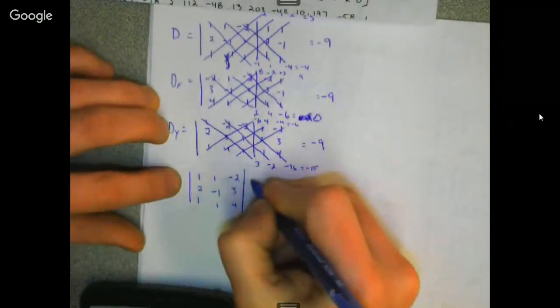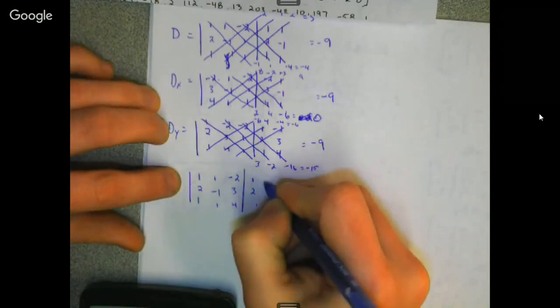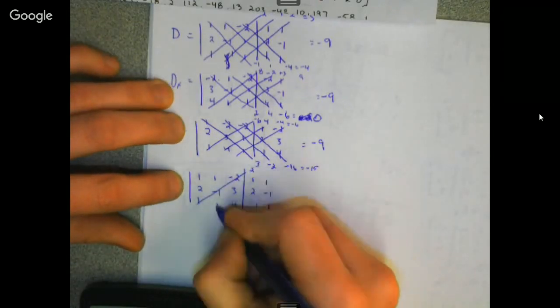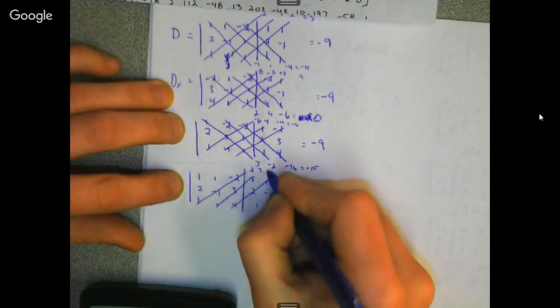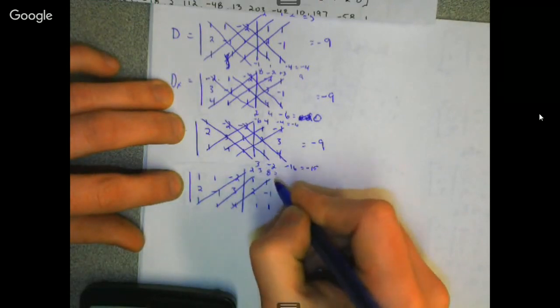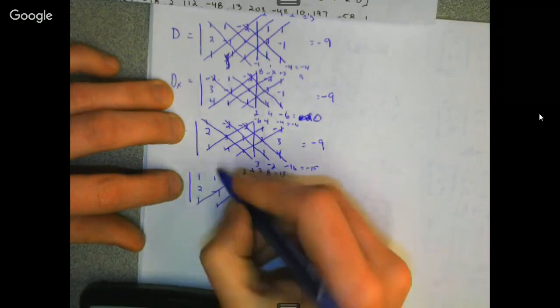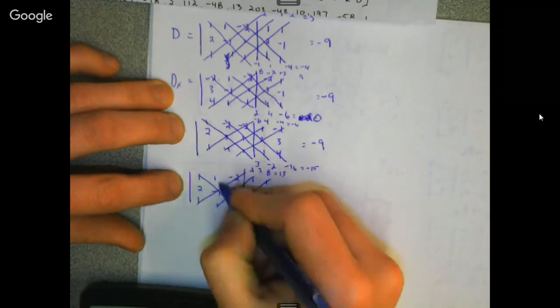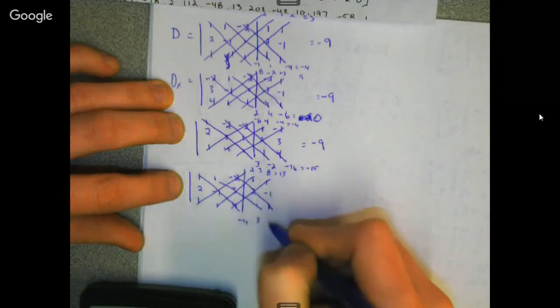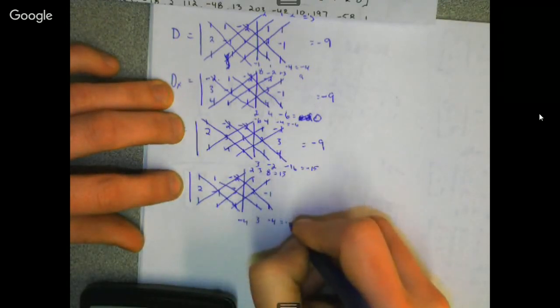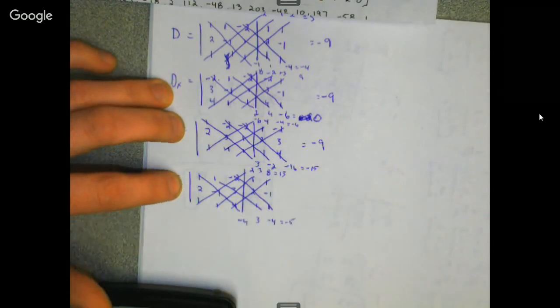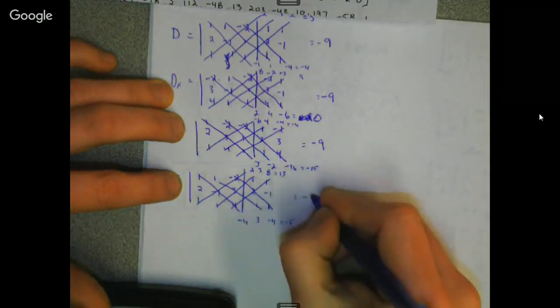And then our last one here, 1, 2, 1, 1 minus 1, 1. So that's 2, 3, 8. And then minus 4, 3, minus 4. So that's negative 5 minus 13, which is negative 18.